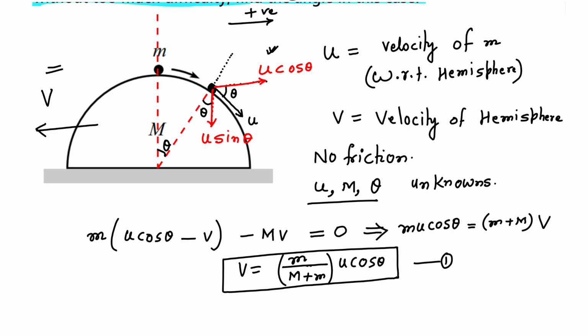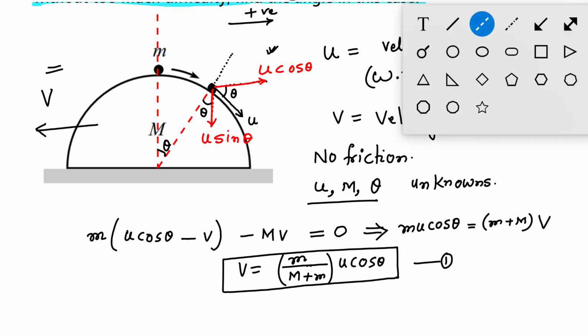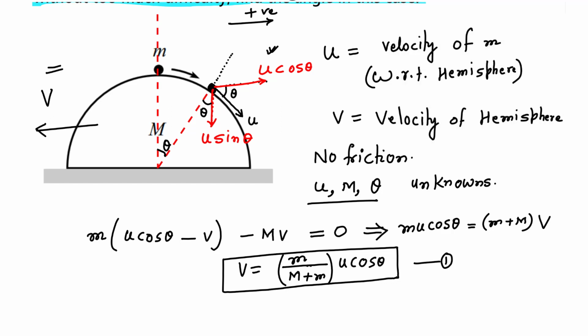And the second equation we can find using energy conservation. Now what is this length? Let us say this length is r, because this is the hemisphere. Now if you draw this line, what is this length?